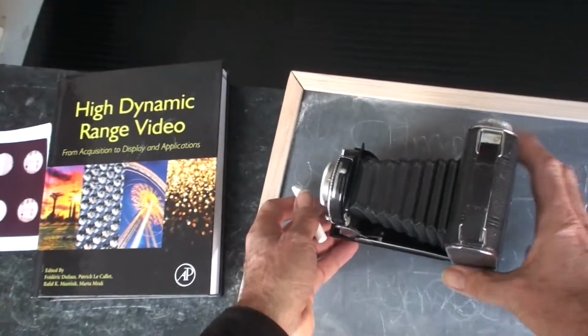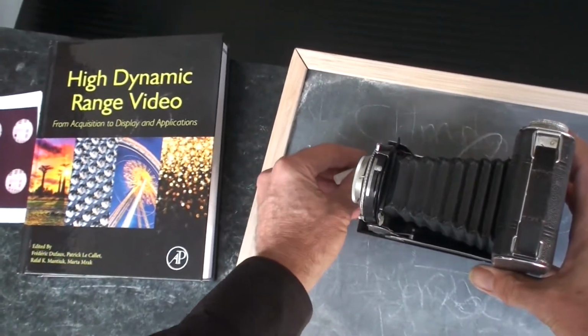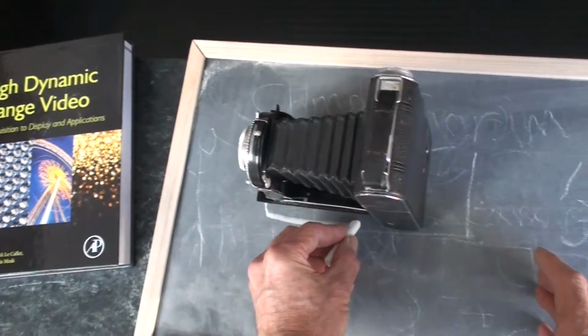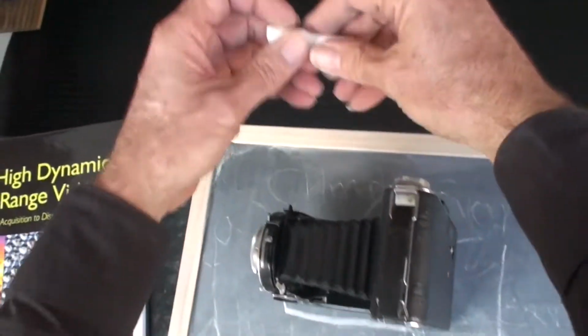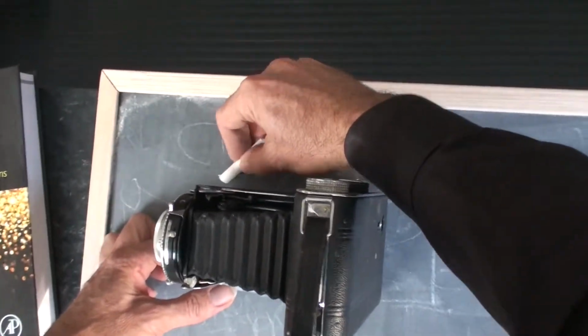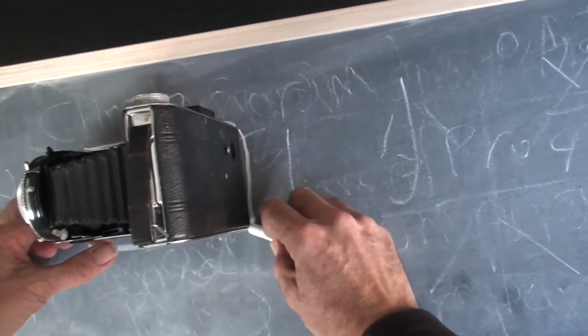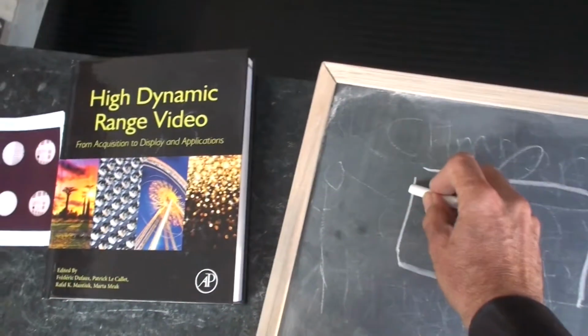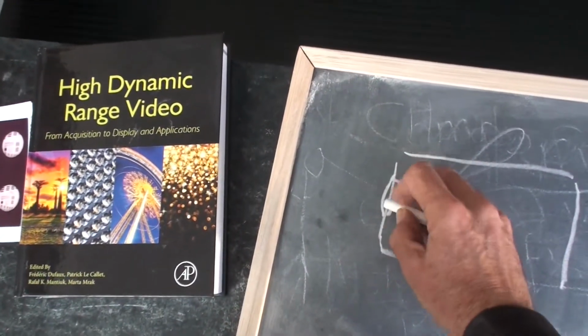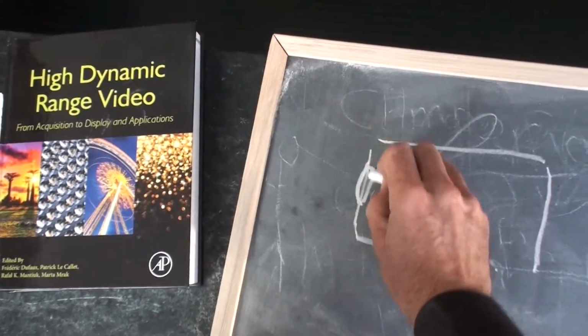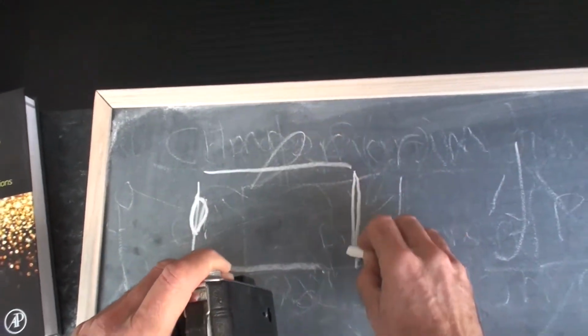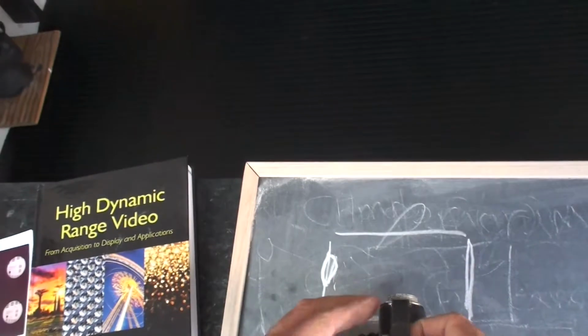We might think of the camera as, say, this black box here, and it has on the front of it a lens. The light comes in through the lens, and then it has some kind of film plane, an image sensing plane.